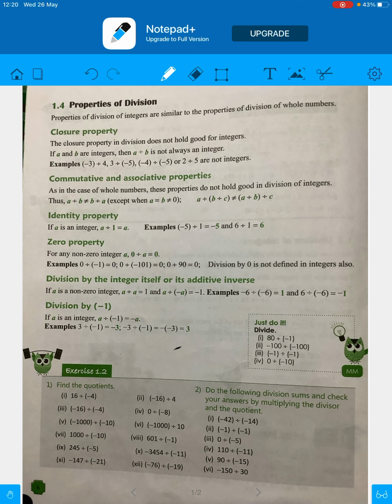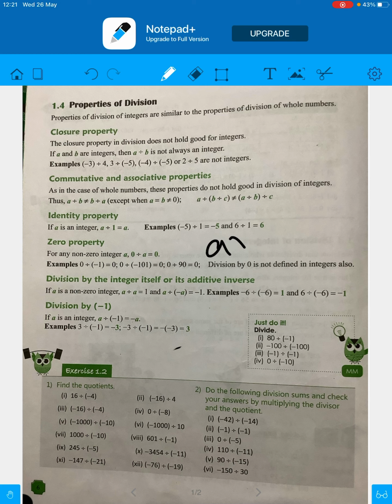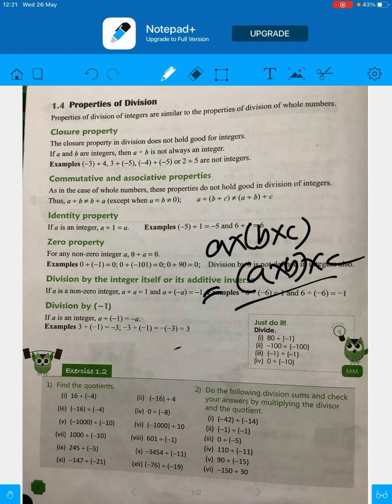Also, there was one associative property, right? Where we said that a into b into c is equal to a into b into c grouped differently.